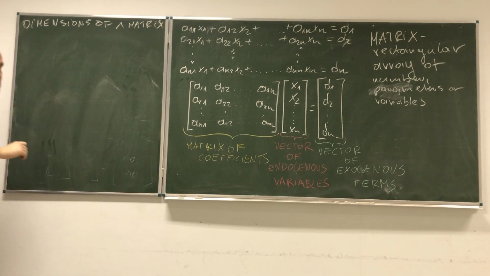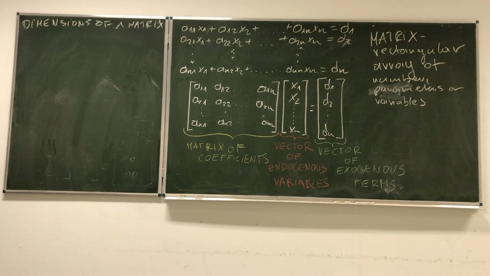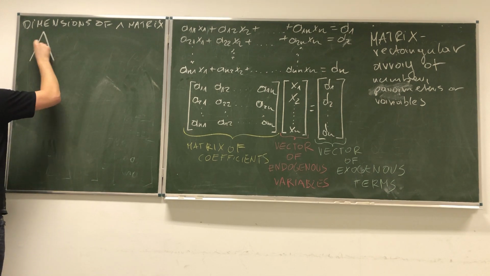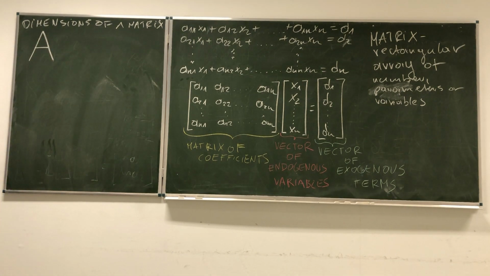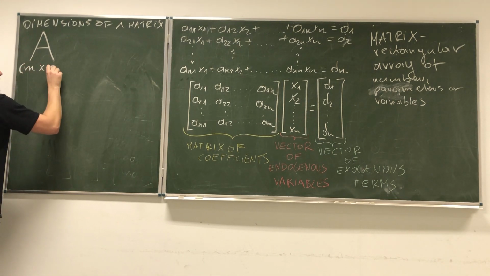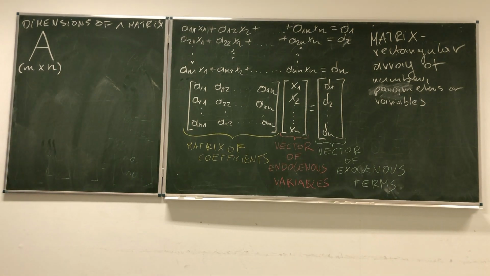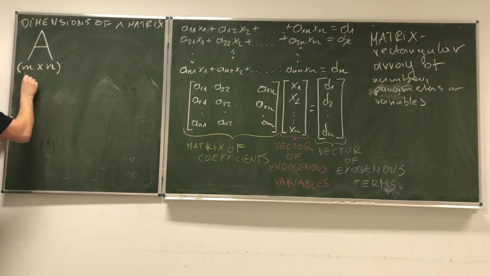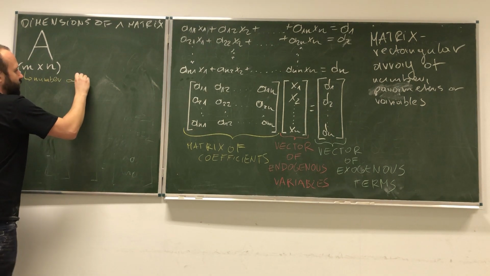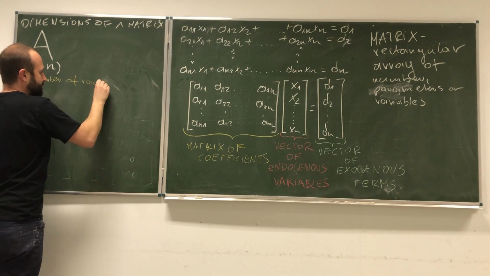Okay, so if we have some matrix A, we say that this matrix A has dimension m by n. And m is the number of rows.